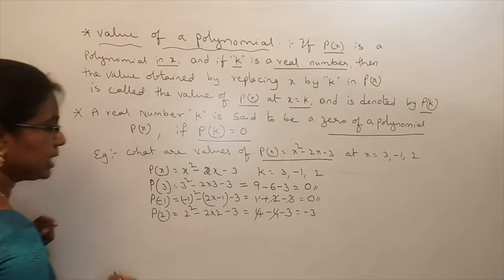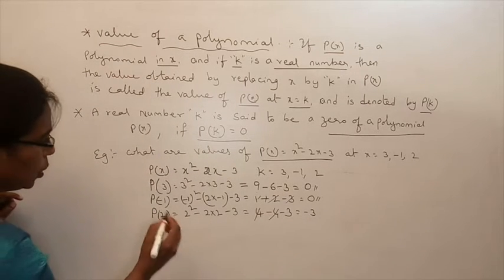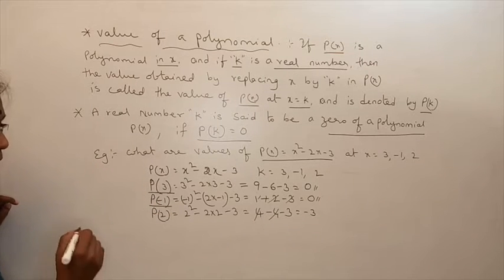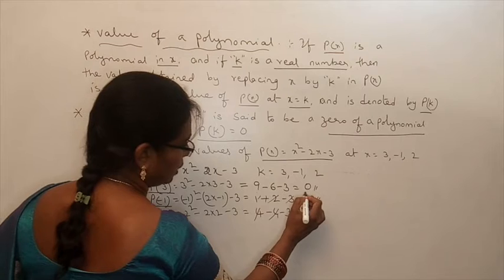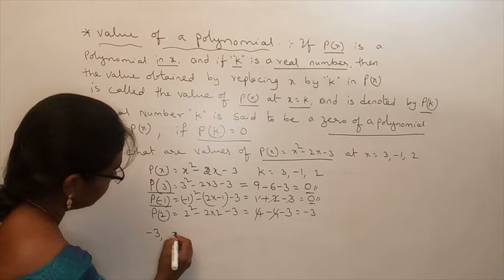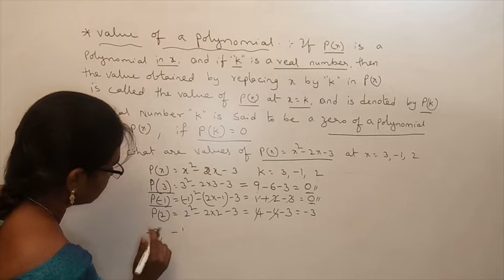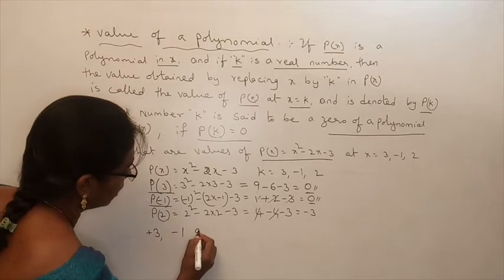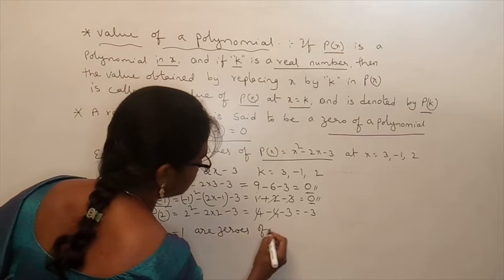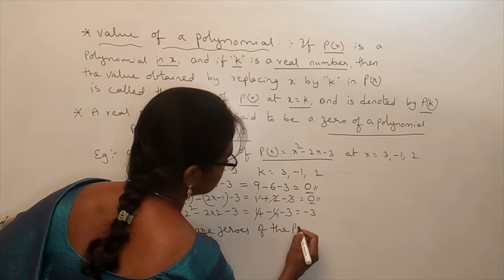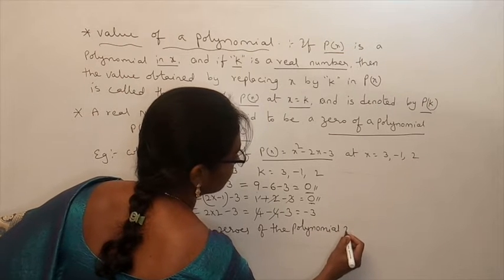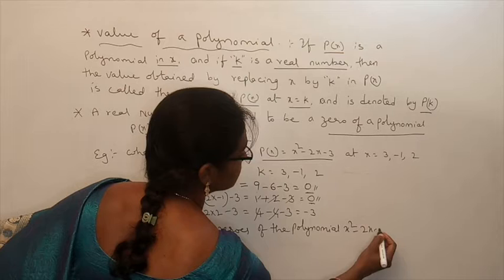In this, which are the 0s of the polynomial? Only 3 and minus 1 are 0s of the polynomial, because the value is equal to 0. So 3 and minus 1 are zeros of the polynomial x square minus 2x minus 3.